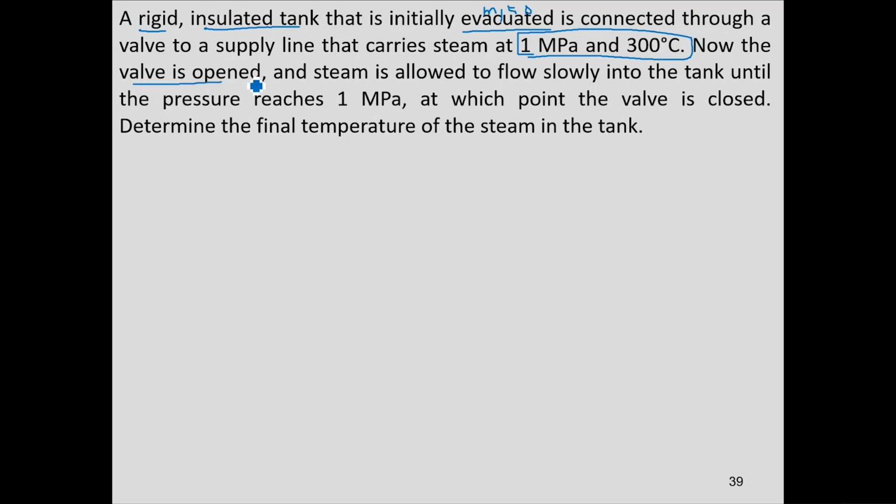Now the valve is opened. The steam is allowed to flow slowly into the tank until the pressure reaches 1 megapascal, at which point the valve is closed. So at state 2, you only need the property of steam in terms of pressure. Determine the final temperature of the steam in the tank.